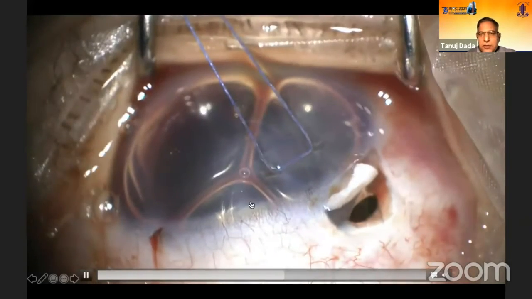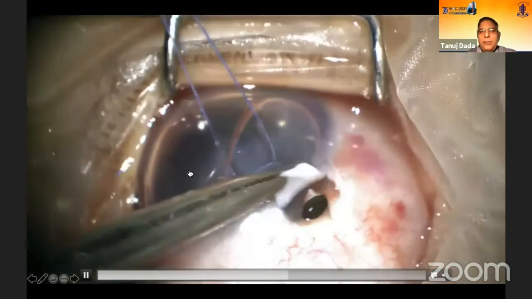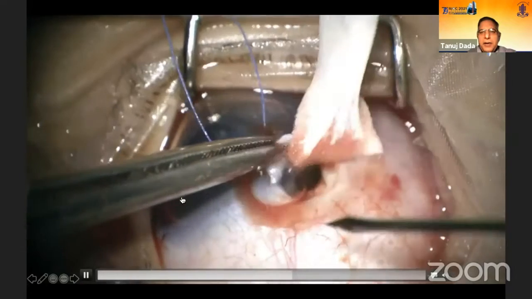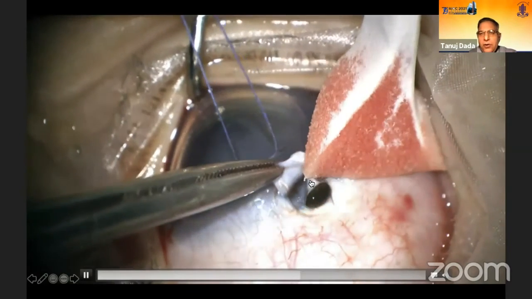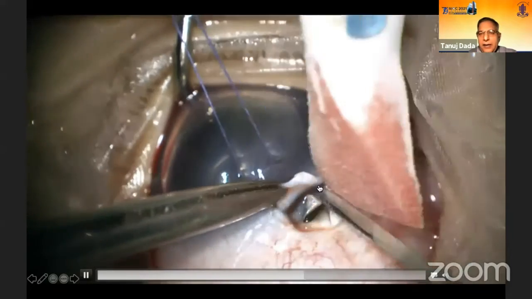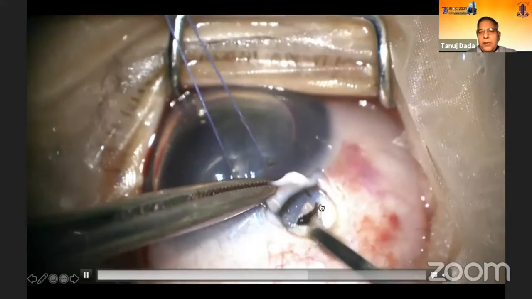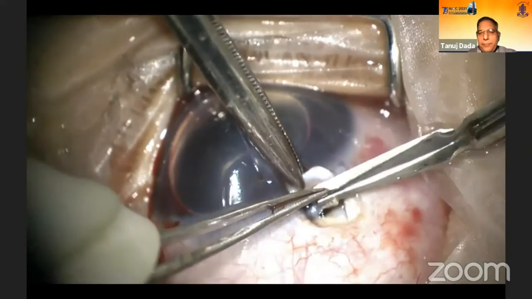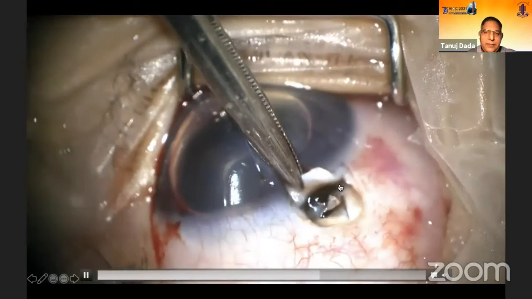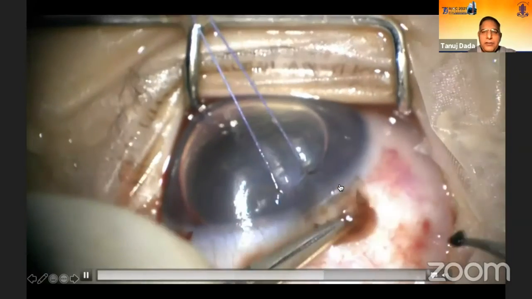So in this situation, you immediately have to put in an air bubble and wash the anterior chamber. Otherwise, your hyphema is going to organize. You make the ostium to decompress the eye. You have to again try to make the ostium and prolapse the uveal tissue back and then complete your surgery.